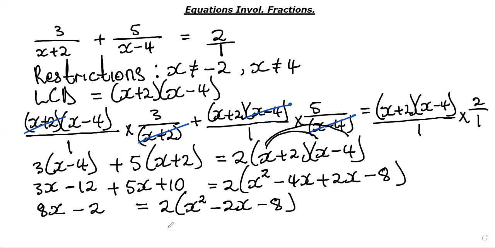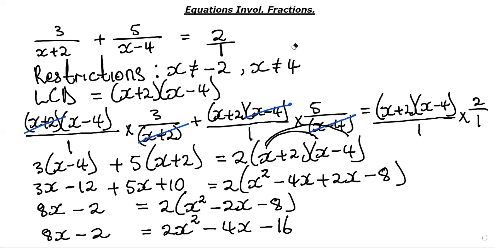The -8 will still be alone. Then you distribute your 2. So 2 times x squared, you get 2x squared. 2 times -2x, you get -4x. And 2 times -8, you get -16. Here you still have your 8x - 2, like that.